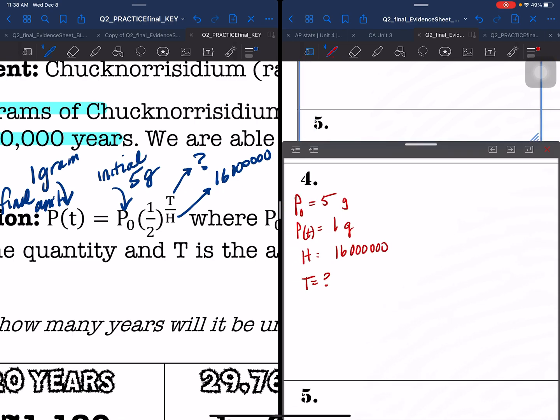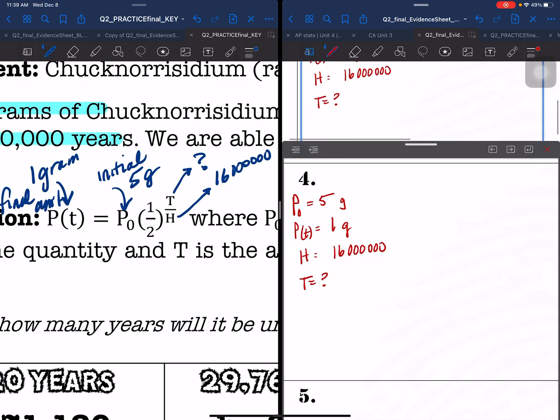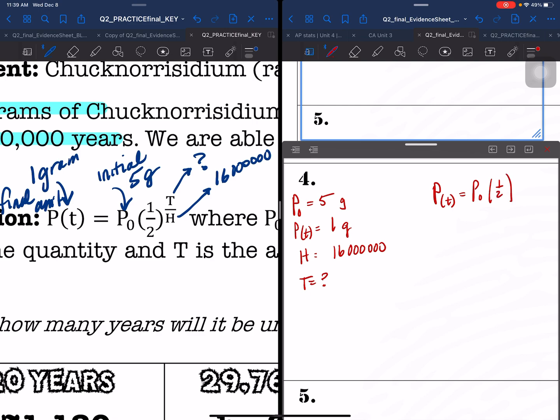All right, so we have to do a little bit of logarithmic manipulation here to get t by itself because it's in an exponent. And we know the way to get rid of exponents is to take logs. So Pt equals P naught times 1/2 raised to the t over h.